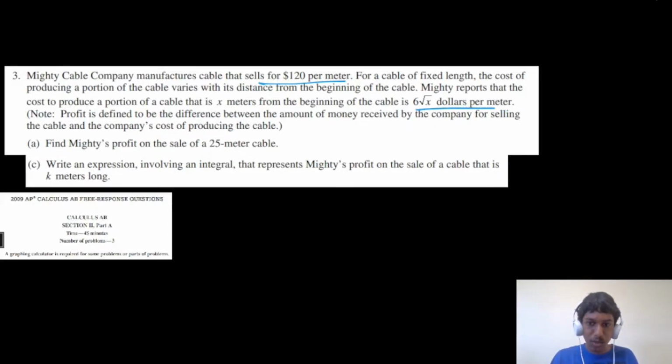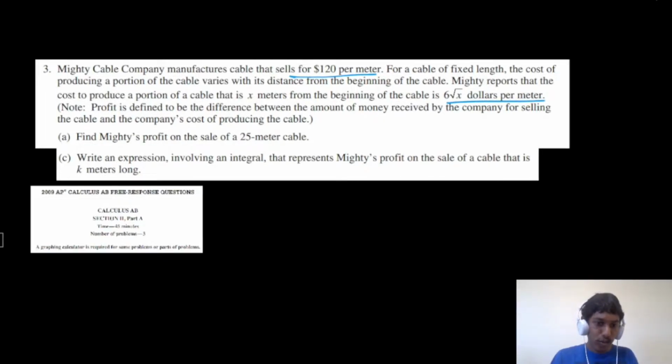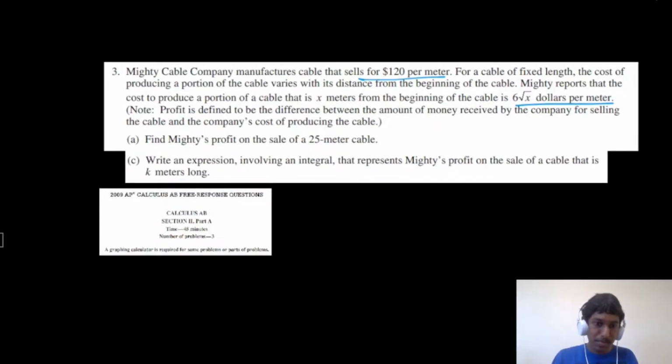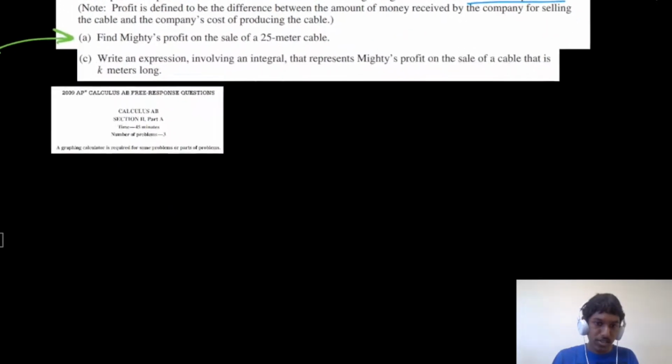AP style problems will always give you clear units for every quantity, and you should pay attention to those. So here we've got 6 root x dollars per meter. And so this is not a dollar value, right? And so you cannot use that as a dollar value. We're going to investigate what these sentences mean when we solve part A. So let's get to it.